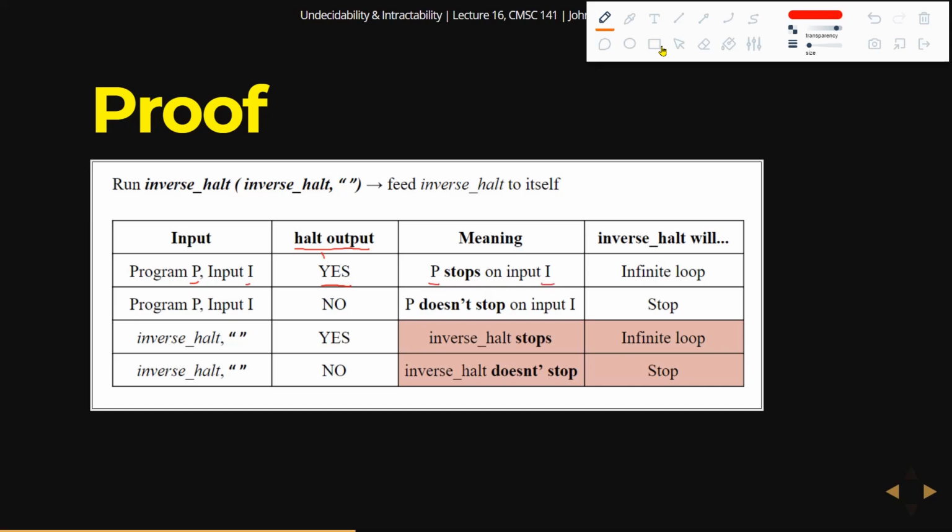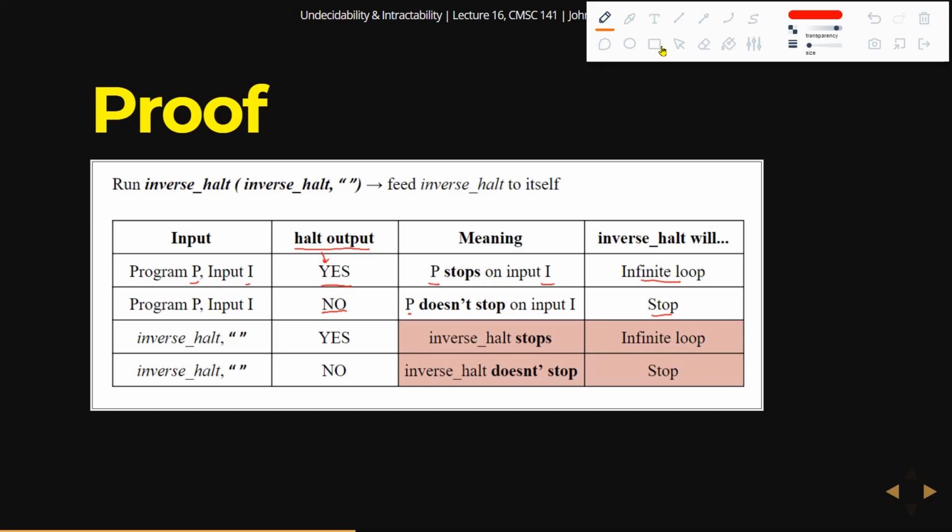Because halt said yes. And the inverse halt will do the opposite and go on an infinite loop. But if P and I is given no as an answer by halt, that means that P does not stop on input I. And inverse halt will do the opposite and it will stop, right?